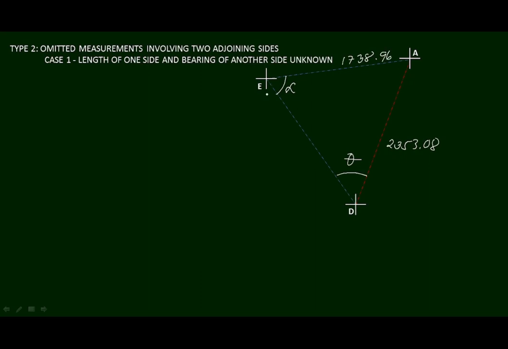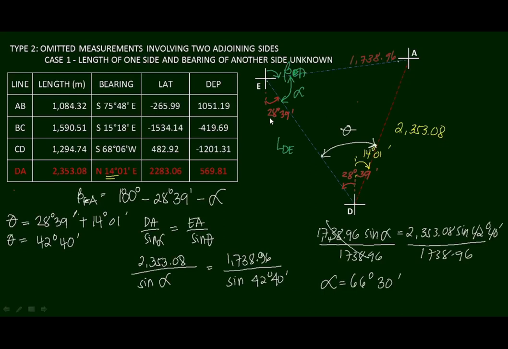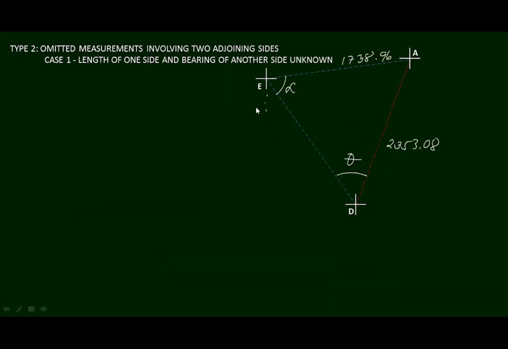So, given din na yung kanina, balikan ko lang, that angle is 28 degrees 39 minutes. So, itong angle na to is 28 degrees 39 minutes. And itong maliit lang na angle na to, that is 14 degrees 1 minute. So, if that is 14 degrees 1 minute, I can also say that this angle here is 14 degrees 1 minute.